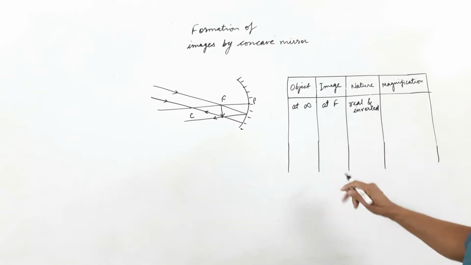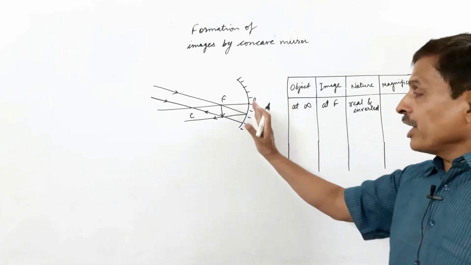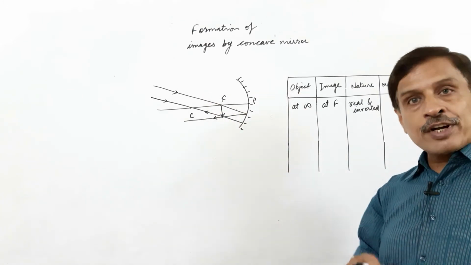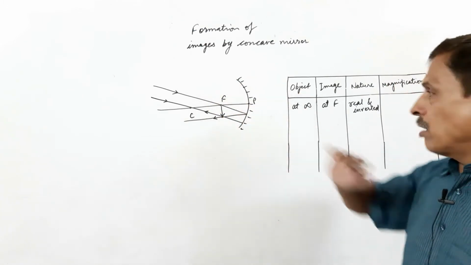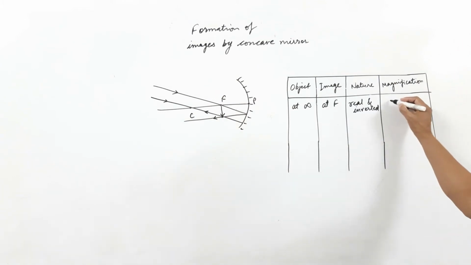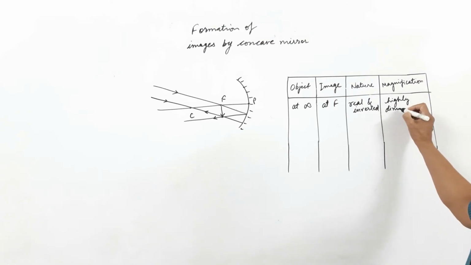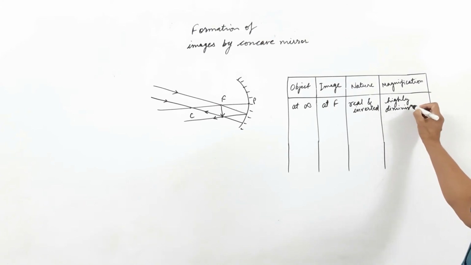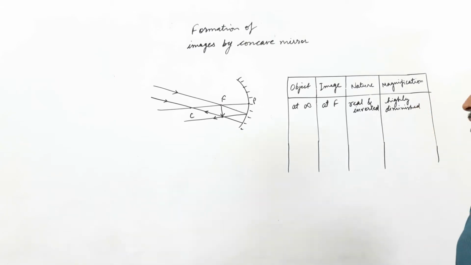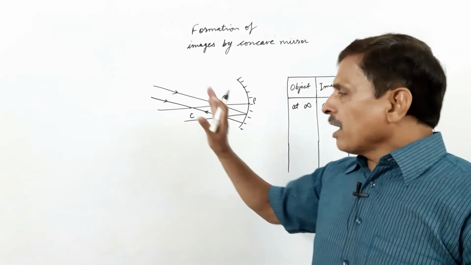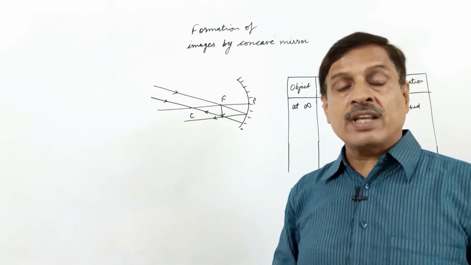Real because it is formed in front of the mirror, inverted because it is upside down, and it is highly diminished. That is, the size of the image as compared to the size of the object is very, very small.